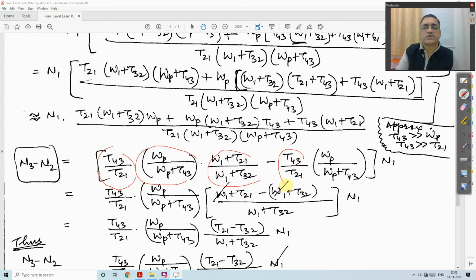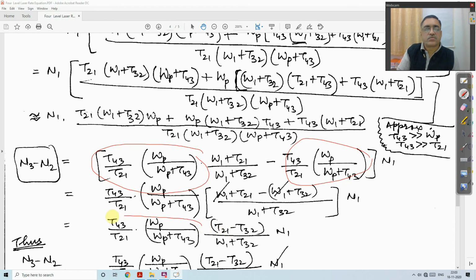Now these are common. What is common? This thing is common. We take it out and the rest we simplify and easily get this equation. T21 minus T32 by W1 plus T32 in terms of N1.